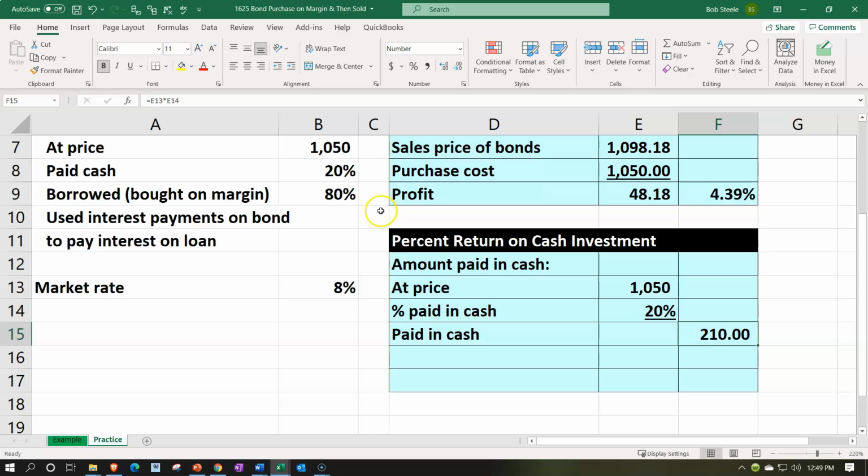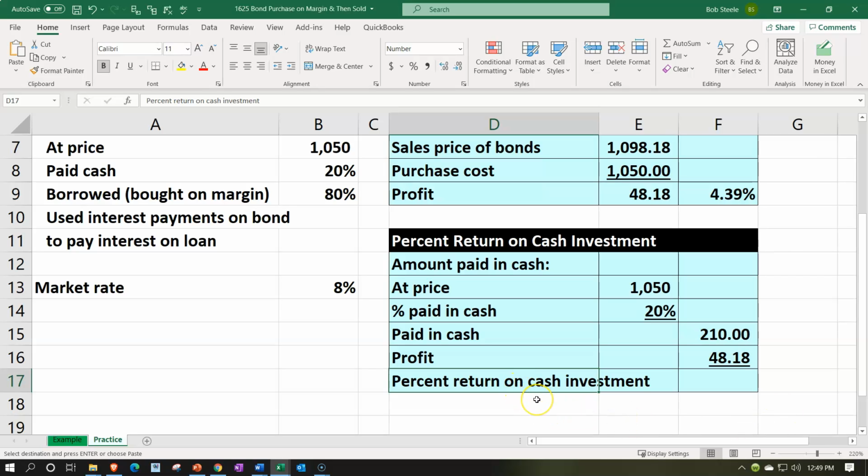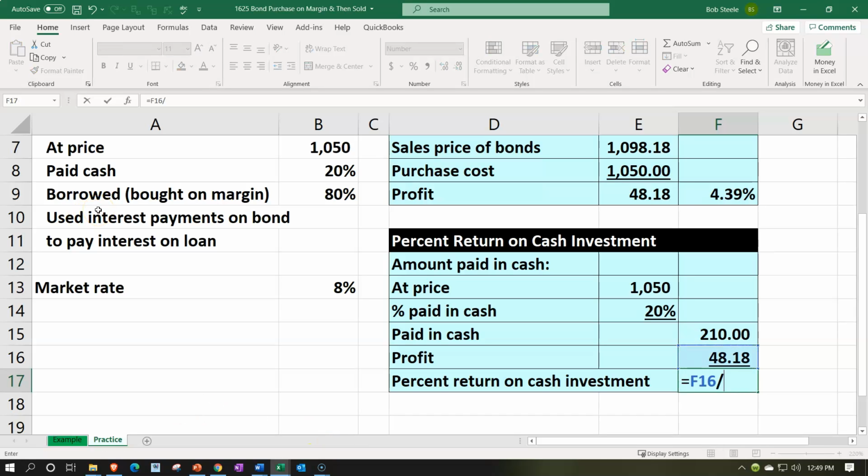In other words, if we compare that cash that we paid to the profit that we had, which was the 48.18, making that a percent, numbers group, a percent. And then we will underline that. That'll give us the, let's call it the percent return on cash investment, which is going to be equal to the profit divided by the cash that we had to put down.